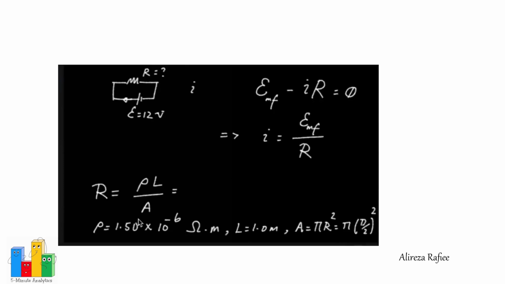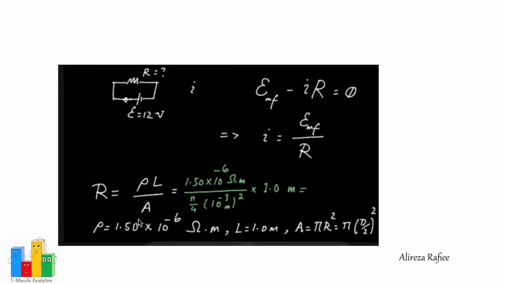Now let's insert the numbers into the equations and find what is the resistance of this resistor. So rho is 1.50 times 10 to the power minus 6 ohm meter, divided by pi divided by 4 times 10 to the power of minus 3 to the power of 2. The diameter is 1 millimeter, which is 10 to the power minus 3 meters, multiplied by L, which is 1 meter.